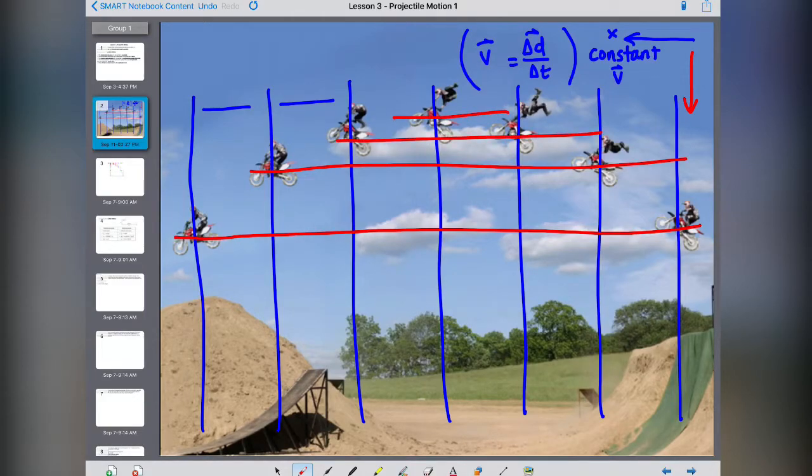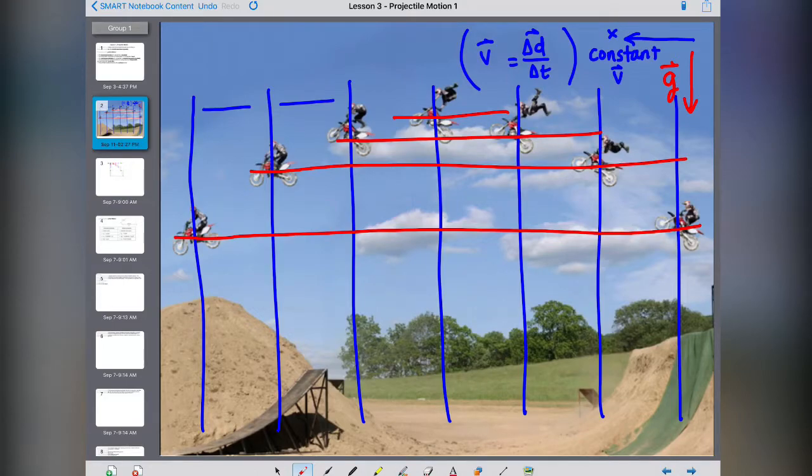Do you see the distances are not equal in between? What that means is, hopefully you remember that while the guy is going forward, the blue motion, constant along x, he is also experiencing gravity pulling him downwards. He is experiencing an acceleration due to gravity downward at 9.8.